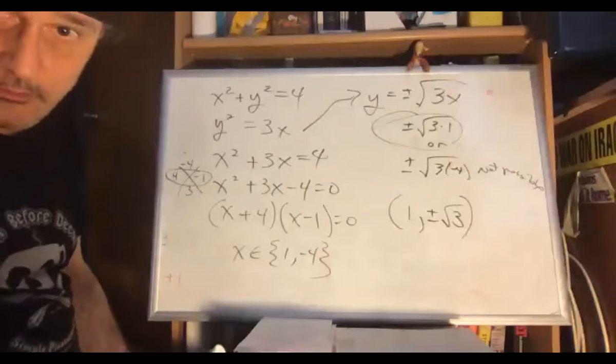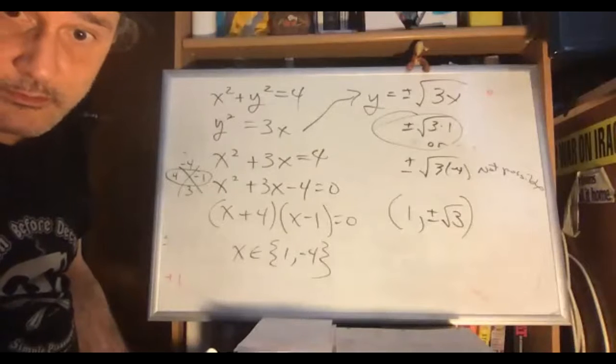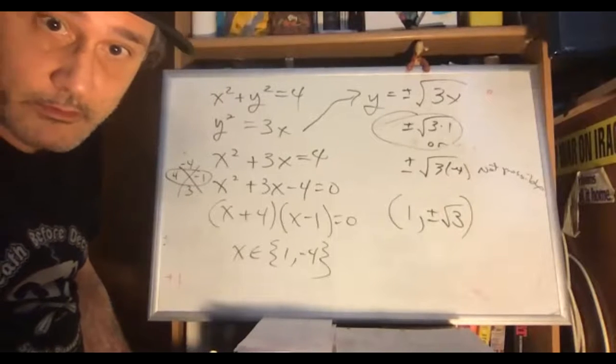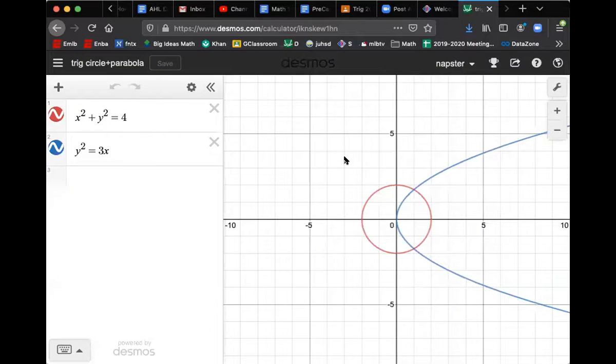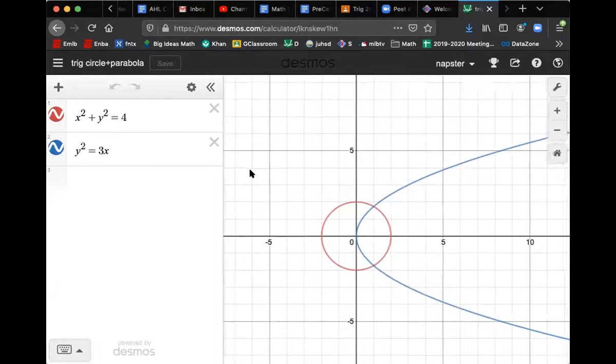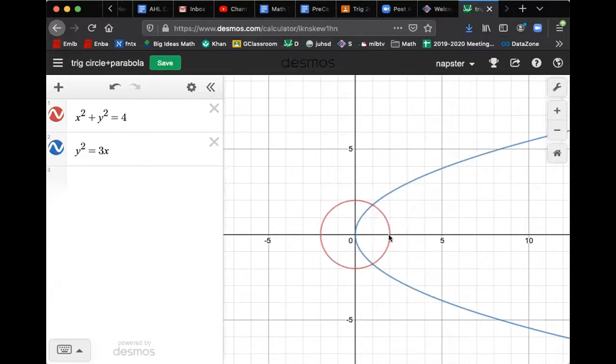All right, so let's go ahead and look at the Desmos. Let's see, so I guess I share screen. I go here, and you can see the problem here. Okay, so you notice that the parabola is open vertically, right?